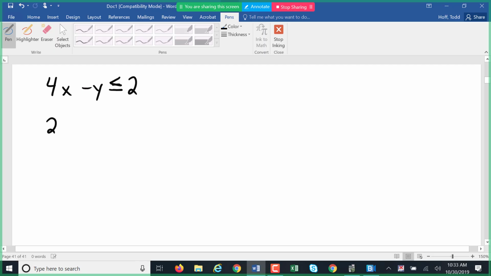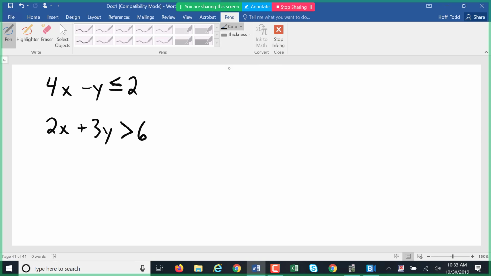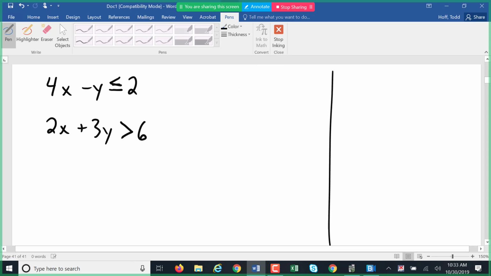And we might have 2x plus 3y is greater than, let's say, 6. So we need to graph both of these inequalities. When it comes to systems of inequalities, the graph is the best way to express the solution.